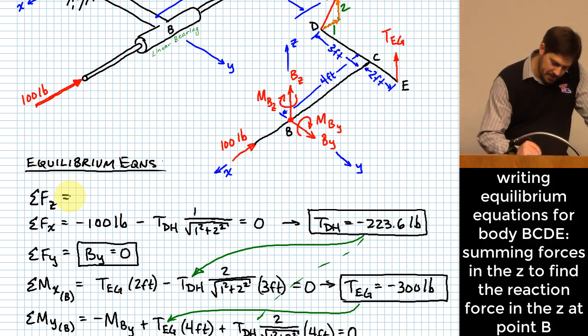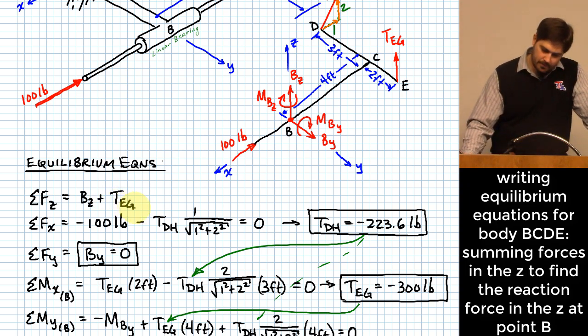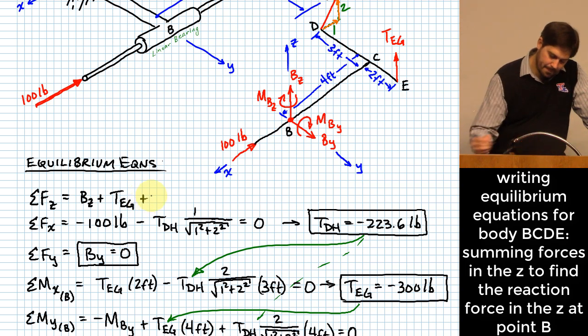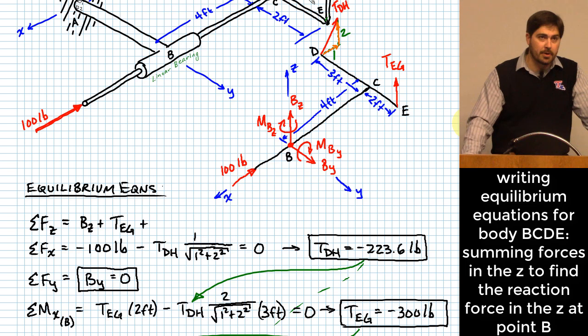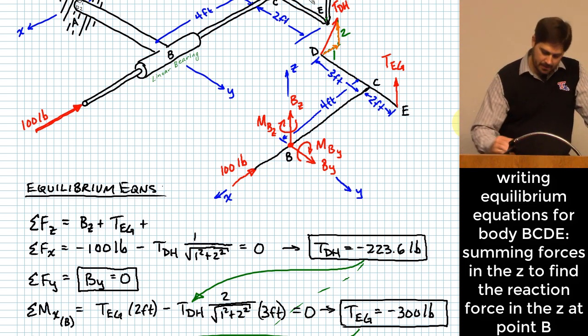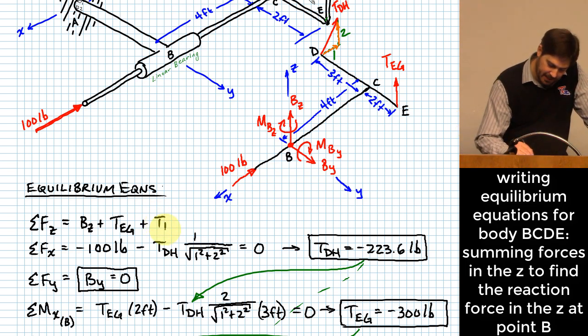And there I've got BZ plus TEG plus what? Okay, TDH, but just the Z component of TDH, right? So I say plus TDH times 2 over the square root of 1 squared plus 2 squared.